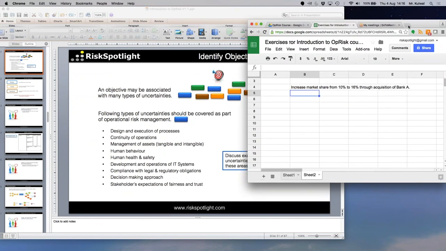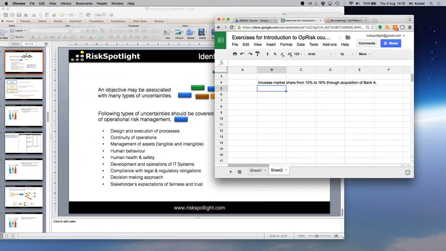So let's identify about 6 to 7 uncertainties. Okay, so there are some examples here. I'll just make note of some of the examples there.